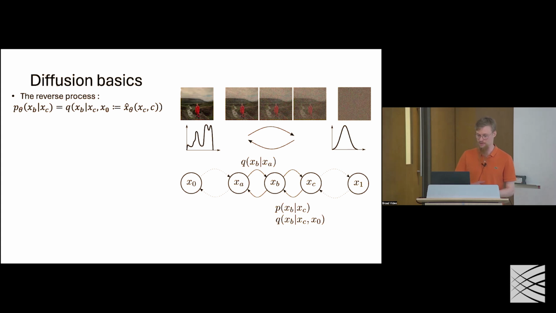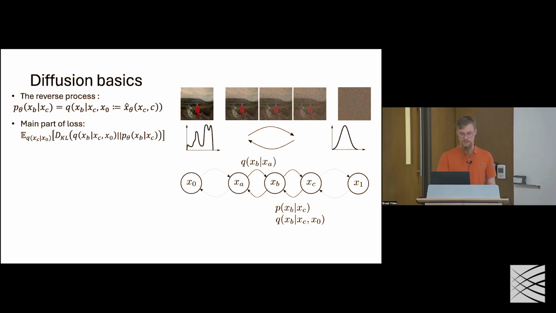The reverse process can then be parametrized by taking the posterior, and instead of an actual clean image, we take a neural network and predict a clean image based on the noisy image. Now we can have a variational lower bound and make a loss. The main part of this loss would be the matching of the posterior and the reverse, which would be Gaussians with the same standard deviation.